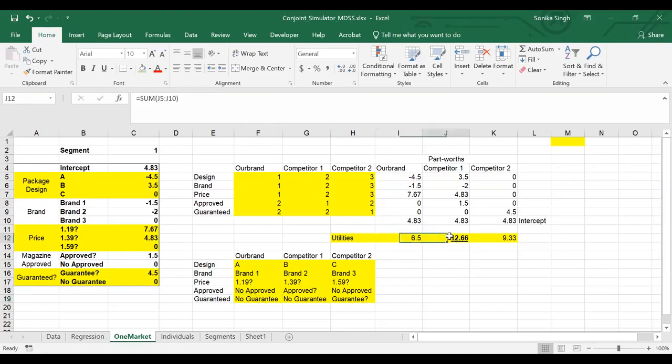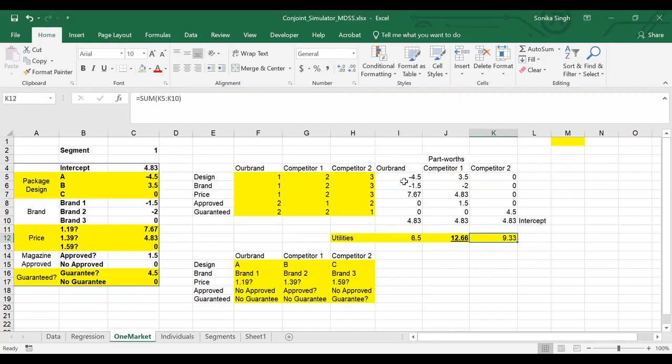For the competitor, the utility is much higher. It's for design B, brand 2, 1.39 price, but it is approved, although there's no guarantee. And similarly, for the third option, you will find the overall utility is 9.33.